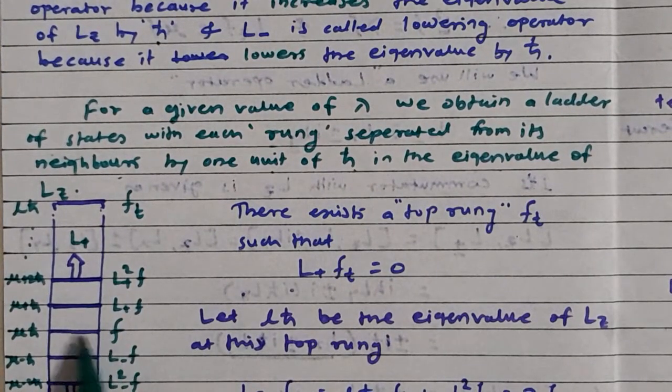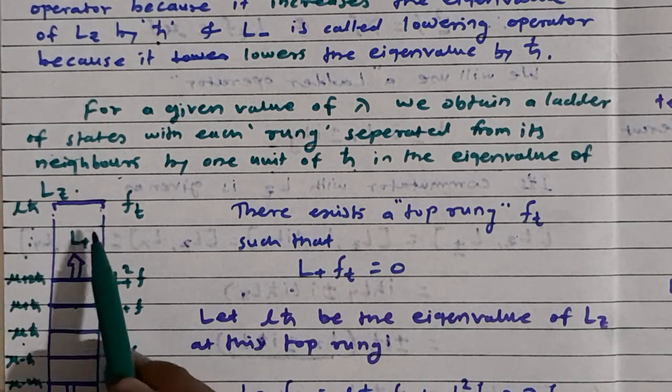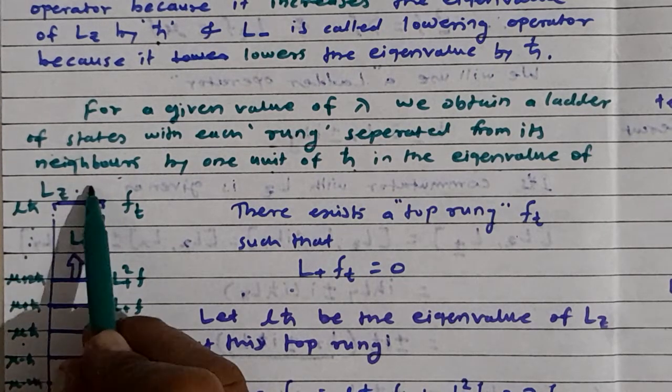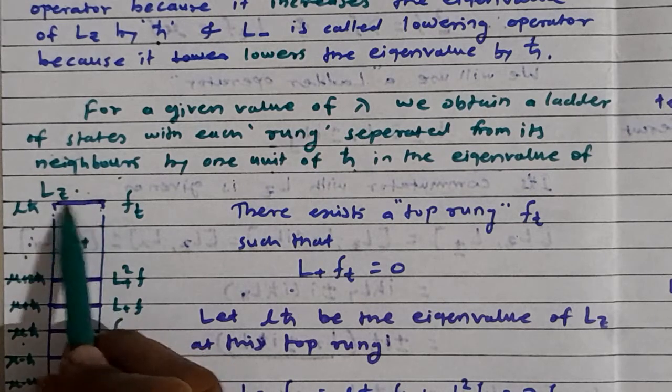This is the arbitrary state having its eigenvalue as mu h cross, and when L plus is operated, we reach one step with each operation, and will reach 1, 2, 3, 4, and here we reach the top rung, above which no rung is possible. This is the topmost one.